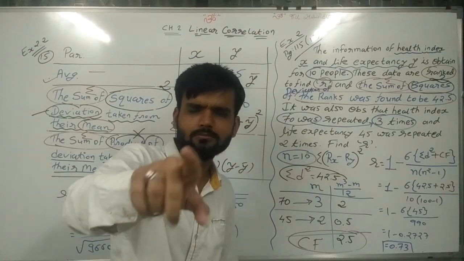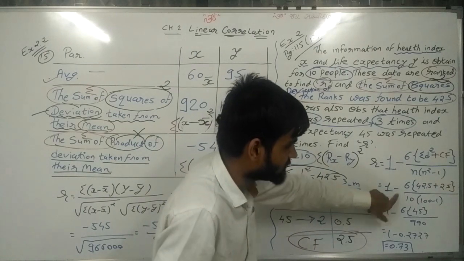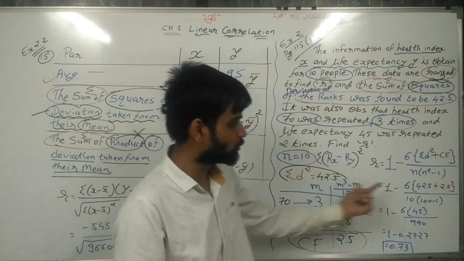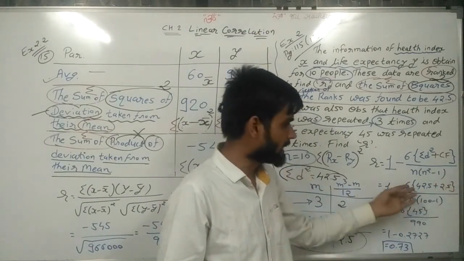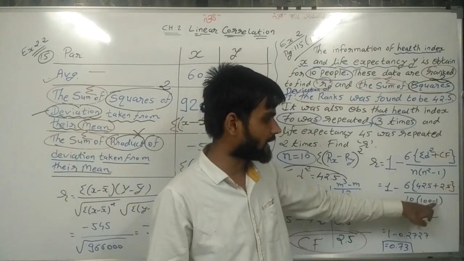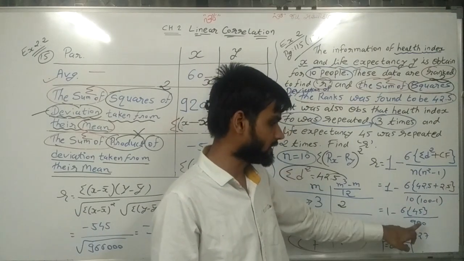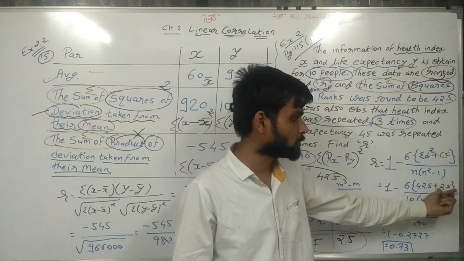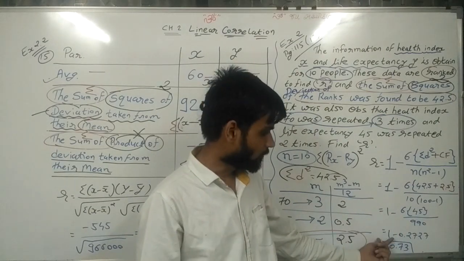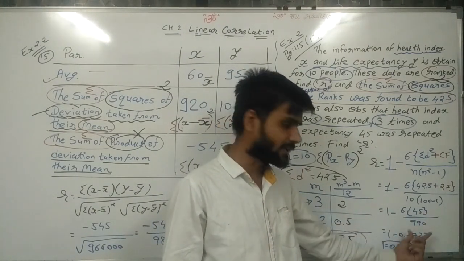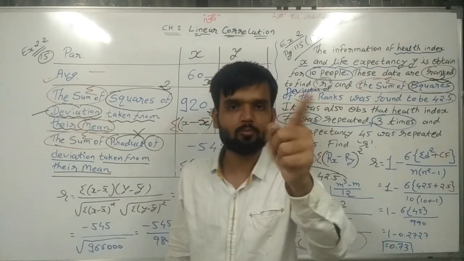So 10 square is 100, minus 1 is 99, 99 into 10 is 990. 42.5 plus 2.5 is 45, 45 into 6 divided by 990, answer will be 0.2727. 1 minus 0.2727, answer is 0.73.